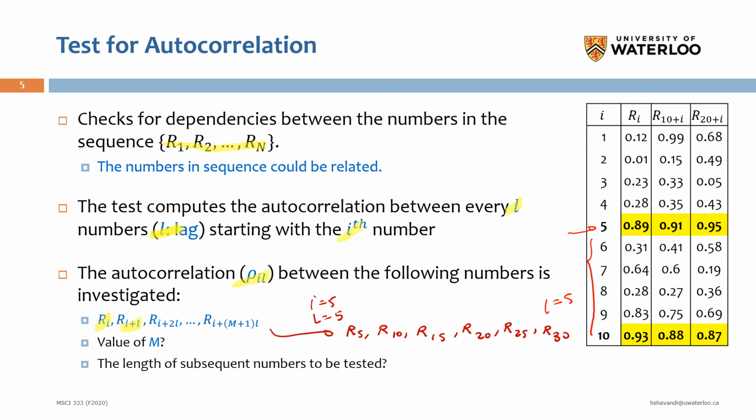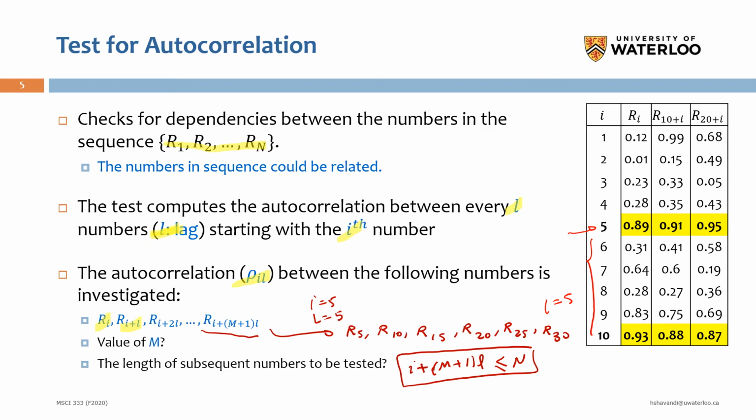Okay, and the value of m here: see, it goes to i plus m plus 1 times L. So the value of m should be obtained such that i plus m plus 1 times L is less than or equal to n. So we obtain the value of m such that we have this inequality.